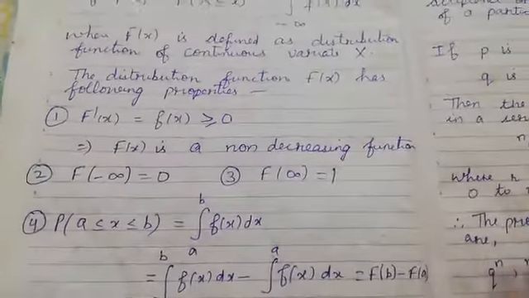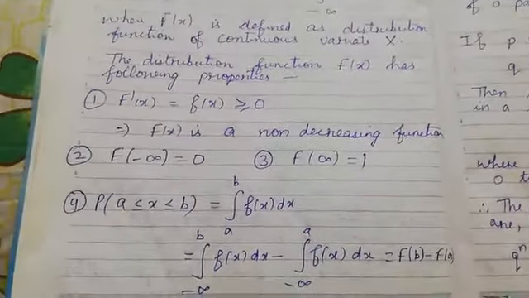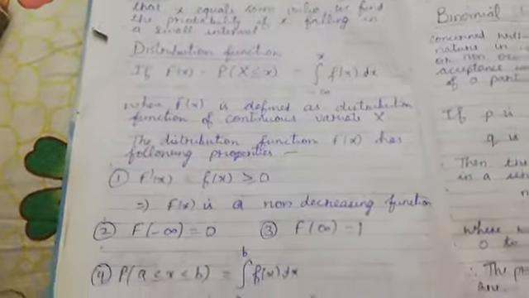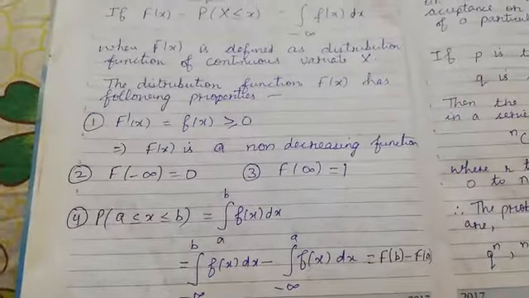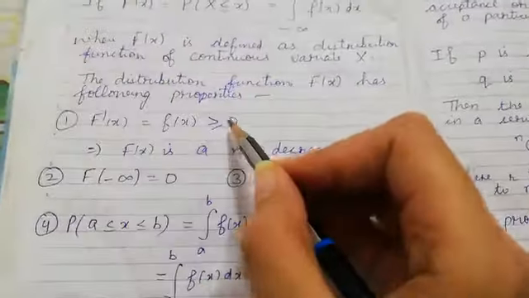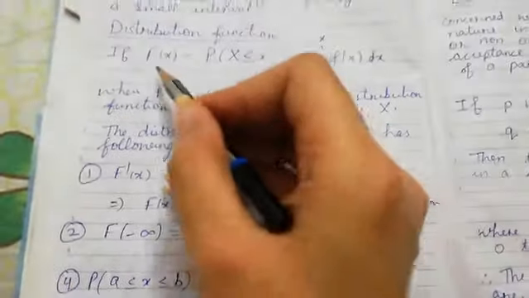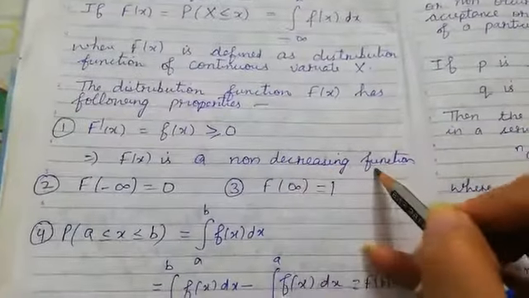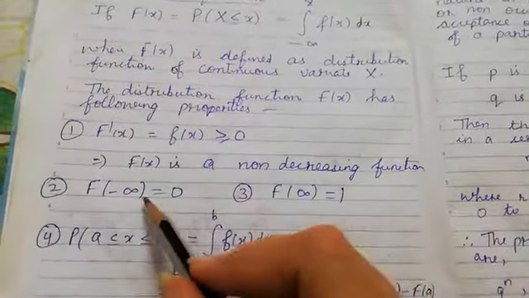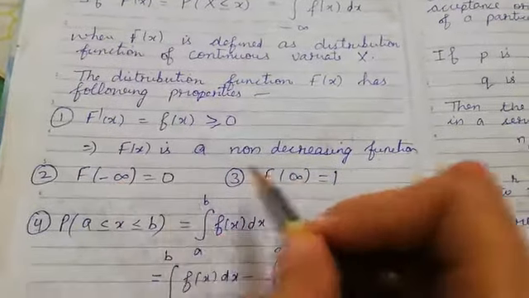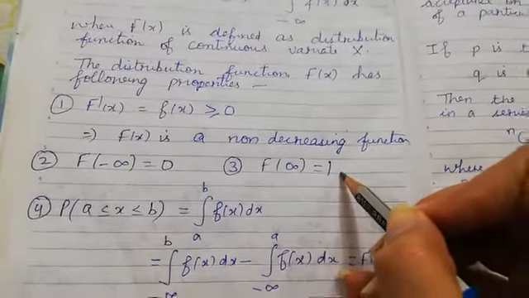So these are some properties of this continuous distribution function. The derivative of this function is always greater than or equal to 0. This means this function is a non-decreasing function. And the value of this function at minus infinity is 0 and at infinity is 1.